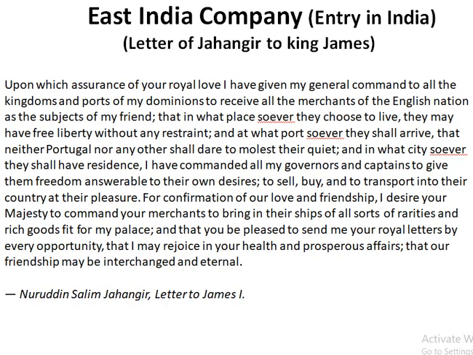And in what city soever they shall have residence, I have commanded all my governors and captains to give them freedom answerable to their own desires, to sell, buy, and to transport into their country at their pleasure.